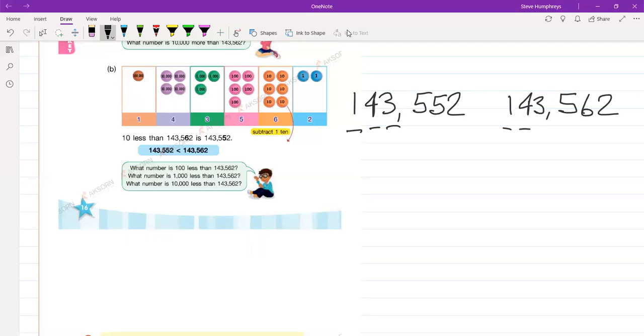Thousands are the same. Hundreds are the same. Tens, this one's a 5, this one's a 6. And your ones are the same. So 552 is less than 562. You would use that symbol there.